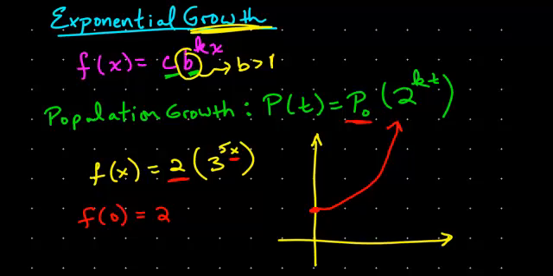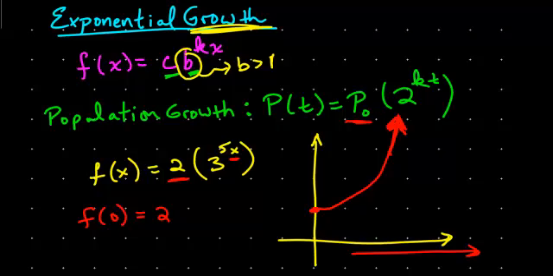That's really saying they get big fast. Over time, things get really big. And when we model things with exponential growth, it only works in a small period of time, because if you try to model it as x or t goes to infinity, this thing is always going to blow up to infinity eventually.